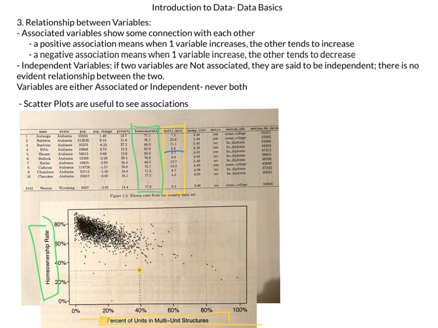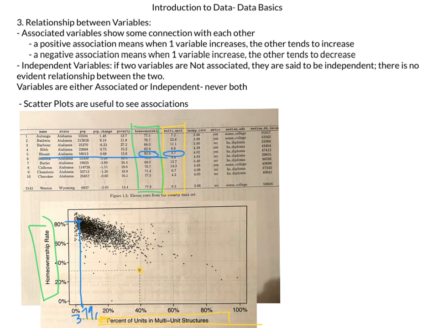Here we have, in this county, Blute, 3.7% multi-unit, 82% home ownership. So 3.7, wow, that's really small. Over here, somewhere over here, this line represents 3.7% of multi-unit structures versus the 82% in home ownership. So that's a little above 80.